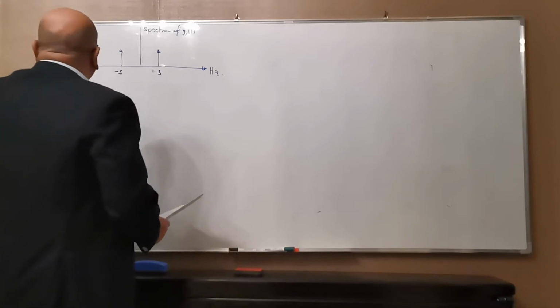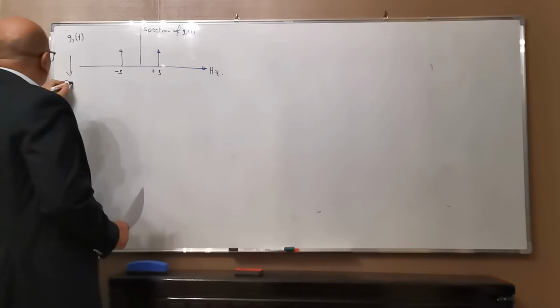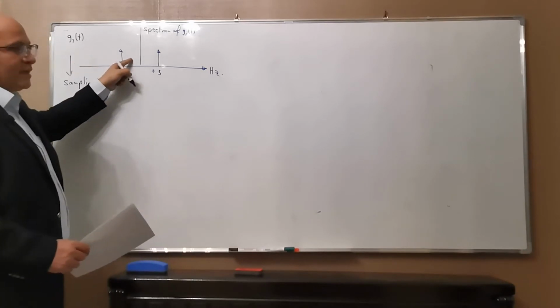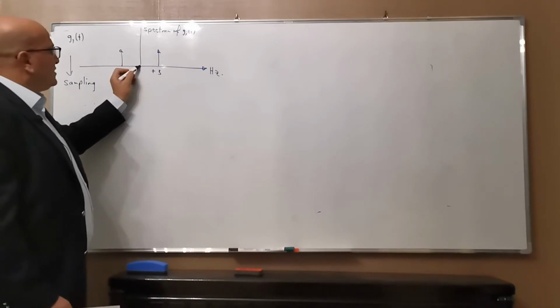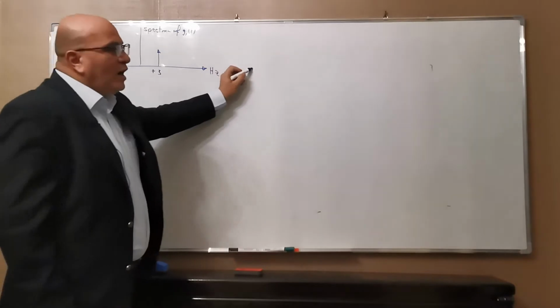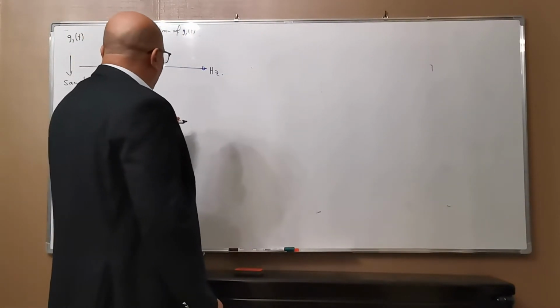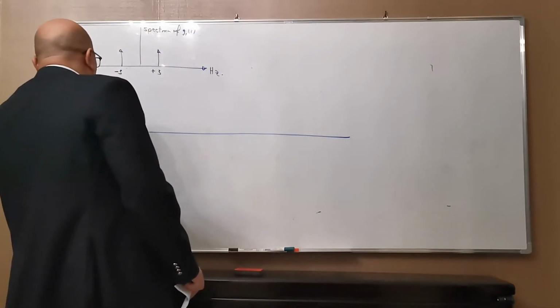Now, when you do sampling, what will happen to this spectrum? This spectrum will be repeated at 0, at fs, twice fs, where fs is the sampling frequency. So G1 will be like this.